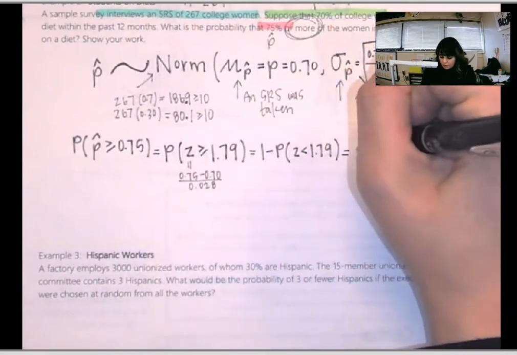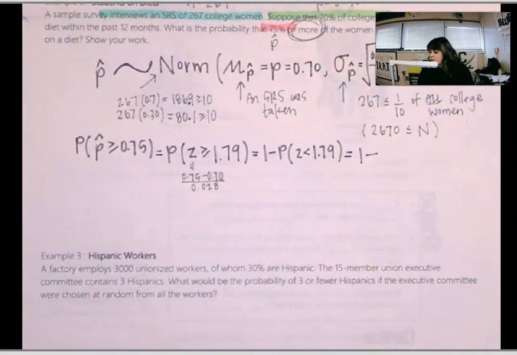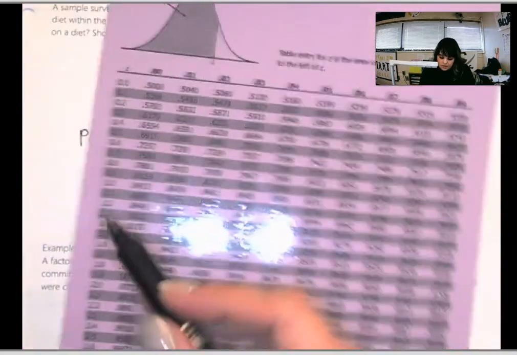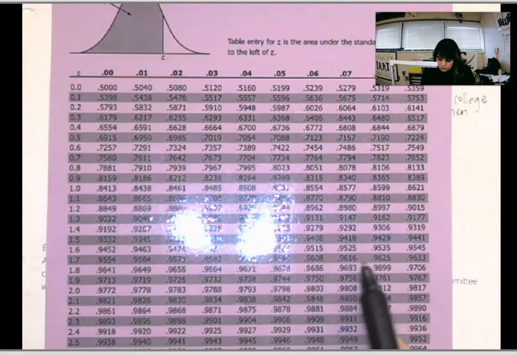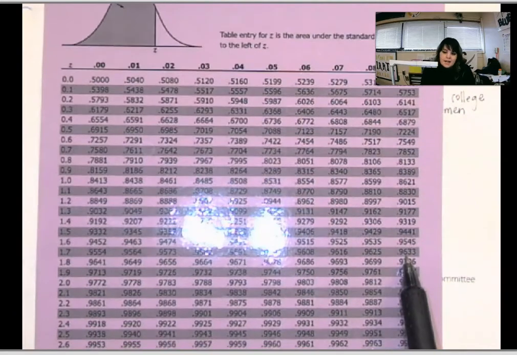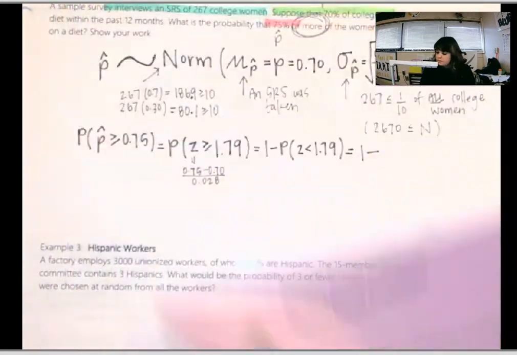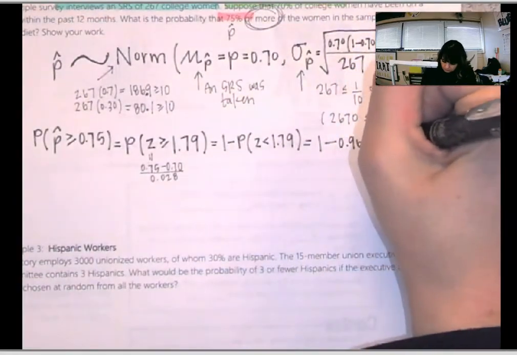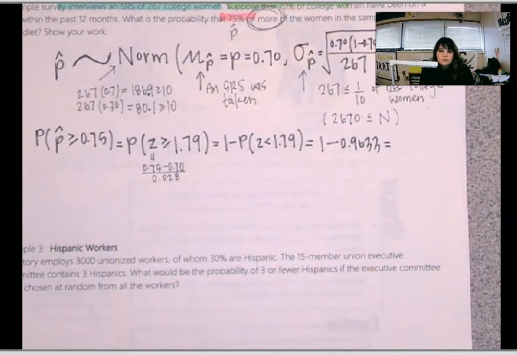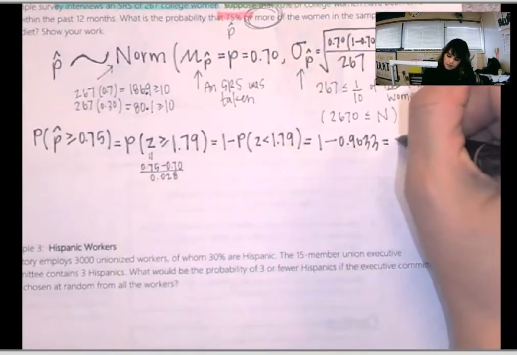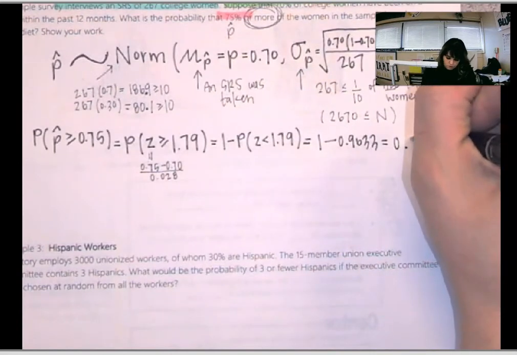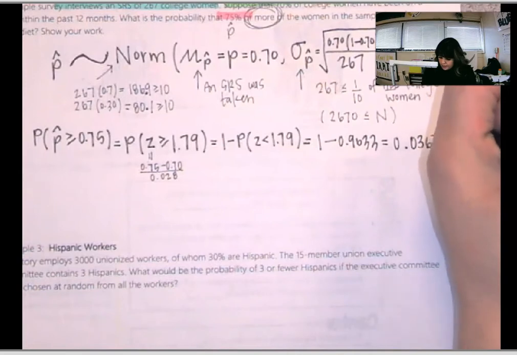This is equal to 1 minus, we go to 1.79 in our z-table, and we get 0.9633. One minus 0.9633 is 0.0367.